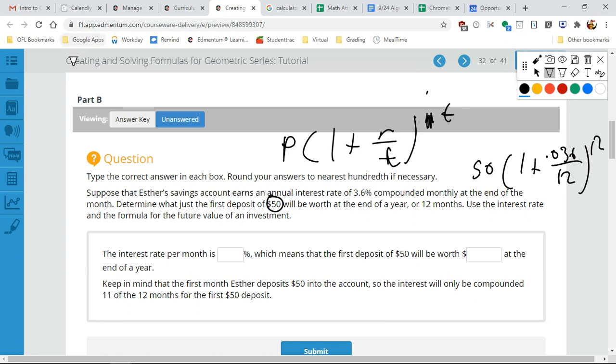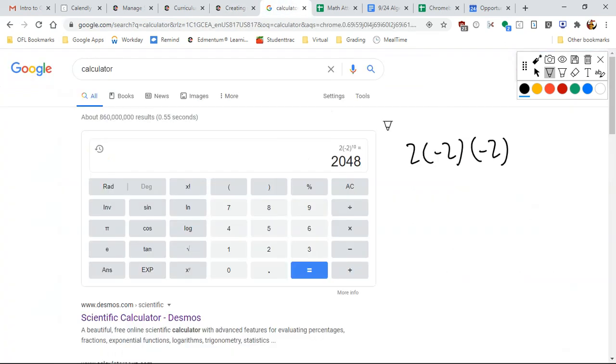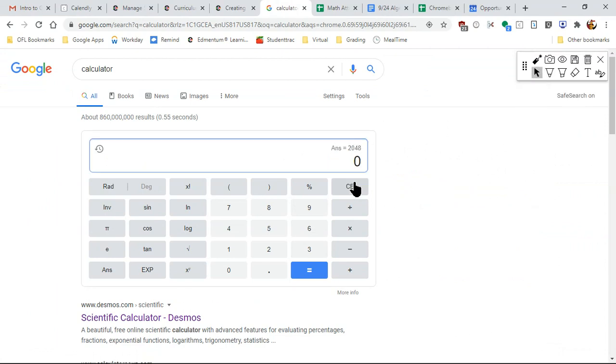So doing this, let me grab Google Calculator. 50, parentheses, 1 plus, and I have to do another parentheses for a fraction, divided by 12.